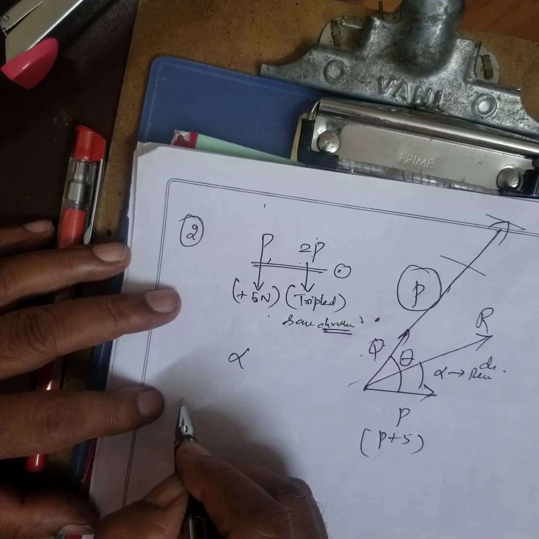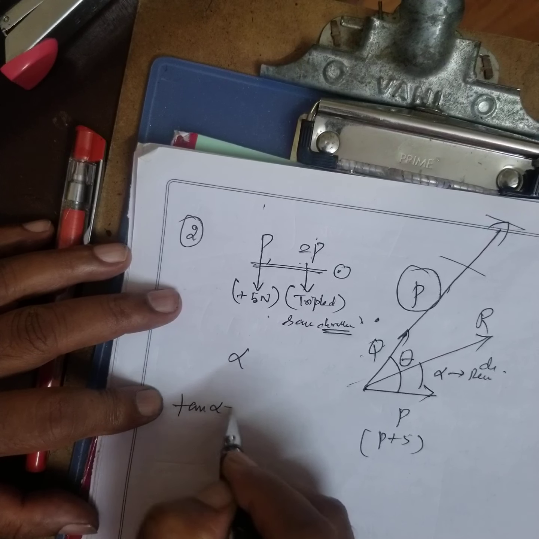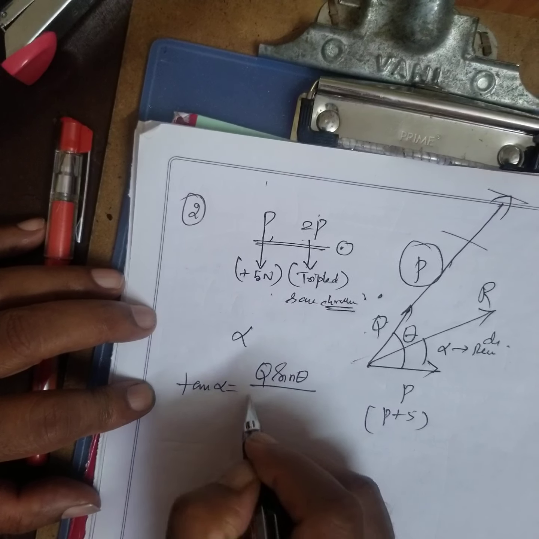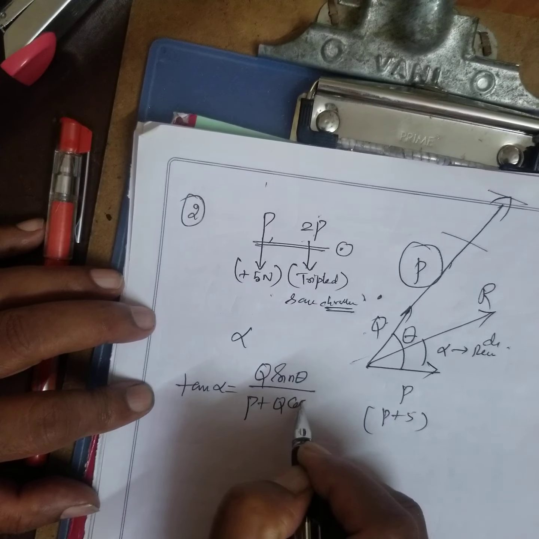Therefore, in the first case, tan alpha is equal to Q sin theta by P plus Q cos theta.